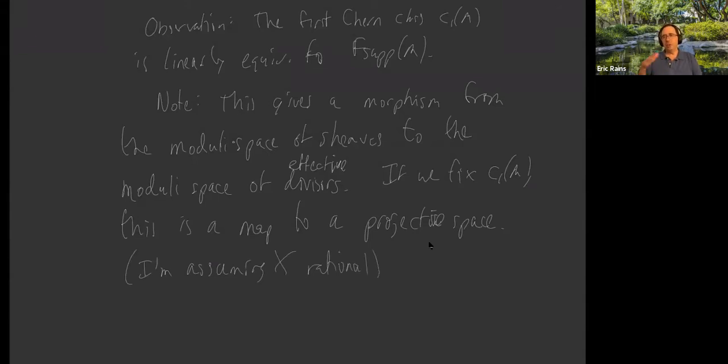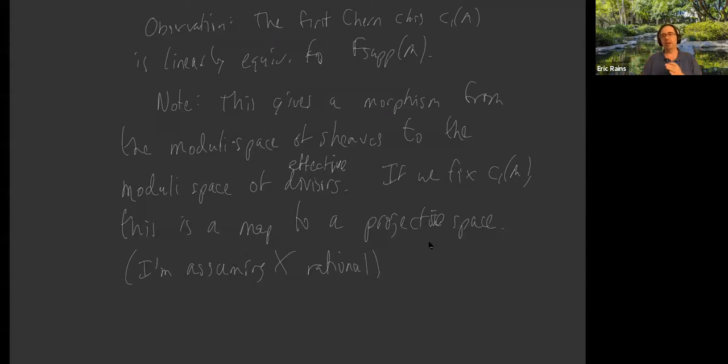Otherwise, you can still do things when X is not rational, but you have to take into account the fact that not only do you have a linear system, but you can also vary the actual line bundle. So the divisor class varies over a torsor of the Jacobian, and so you get a continuous degree of freedom from that, which is some abelian variety basically, and then a projective bundle over that abelian variety, which are the linear systems.